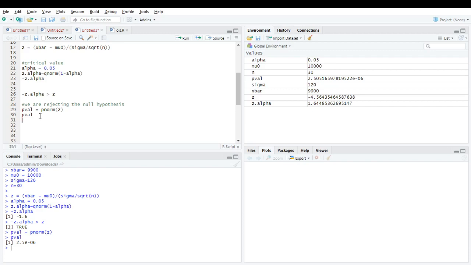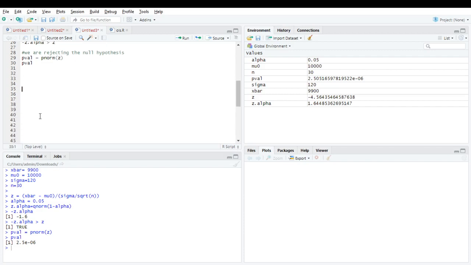Okay, so we have done the lower tail. Now as you understand the lower tail, you have to do it for the upper tail. So the upper tail will be nothing but just the opposite, in which for the upper tail we have mu lesser than or equal to mu 0.